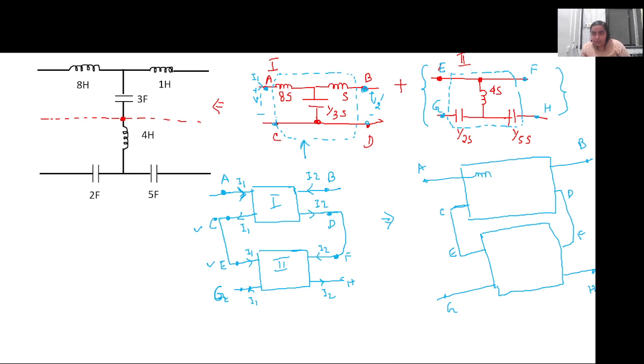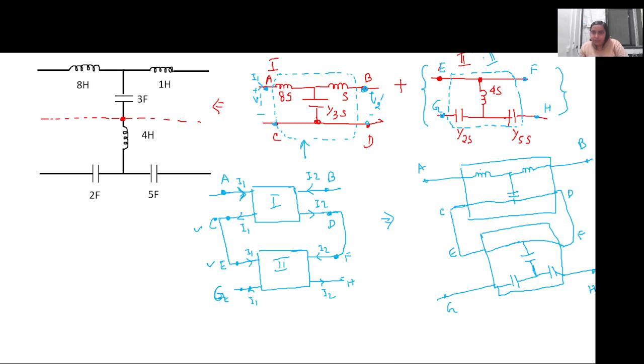There is an inductor, a capacitor, then another inductor, connected to C and D. Similarly in the second circuit, E and F are shorted. Looking at network 2, there is a capacitor, and from point G there is another capacitor connected here, and another capacitor connected here.